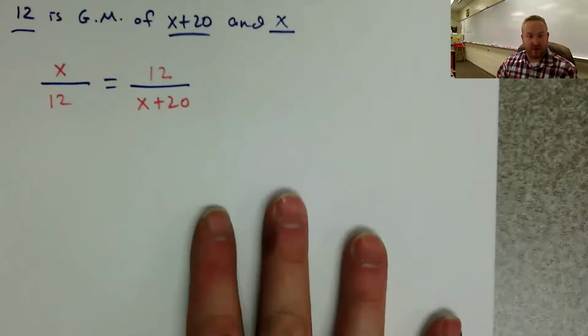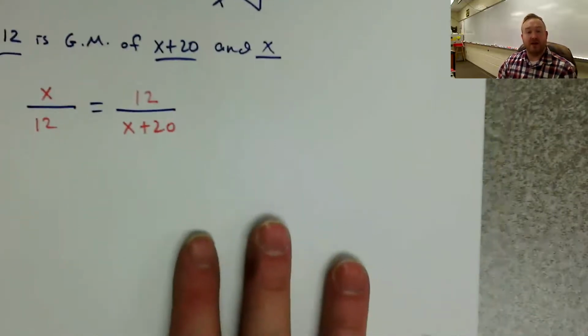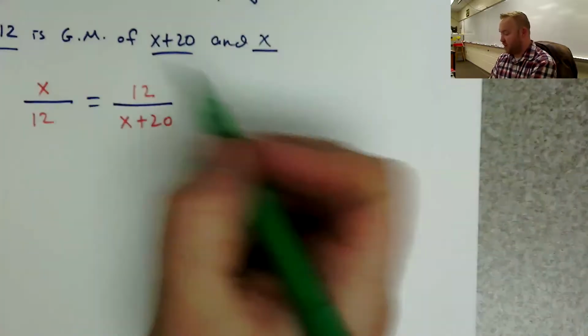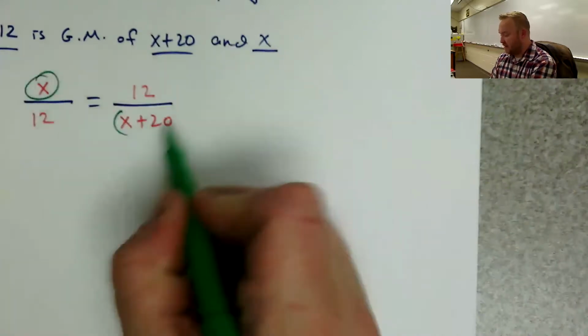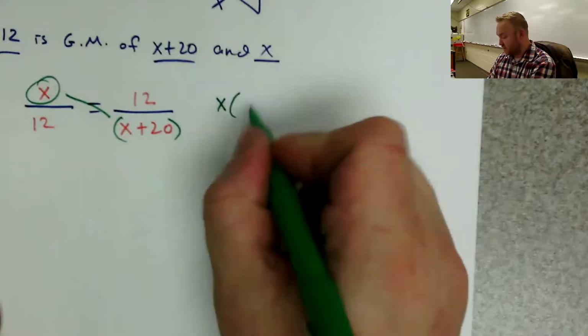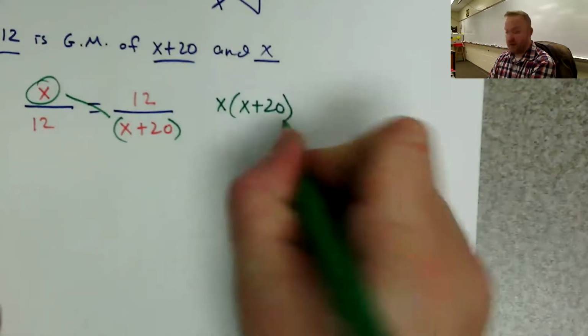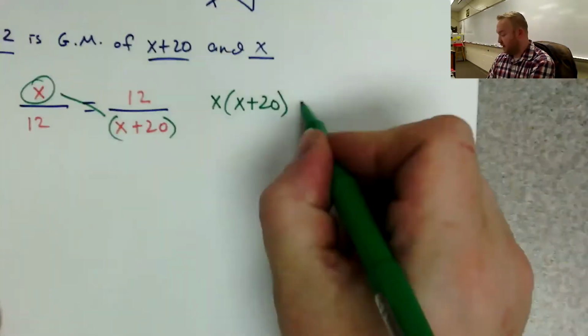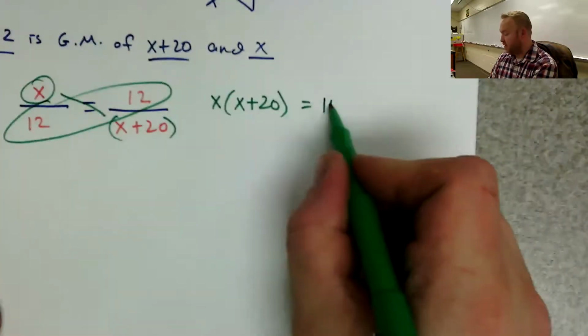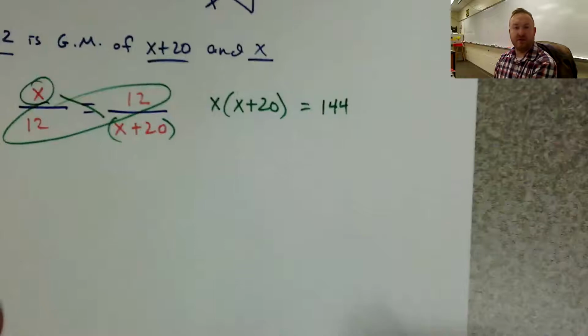We're going to have to solve a quadratic equation, but it's a good thing for us to practice with that. Okay, I'm going to start with my cross products. My first cross product will be this x times the x plus 20. That's going to look like this. Notice the parentheses there. Equals, my other cross product is 12 times 12, which is 144.